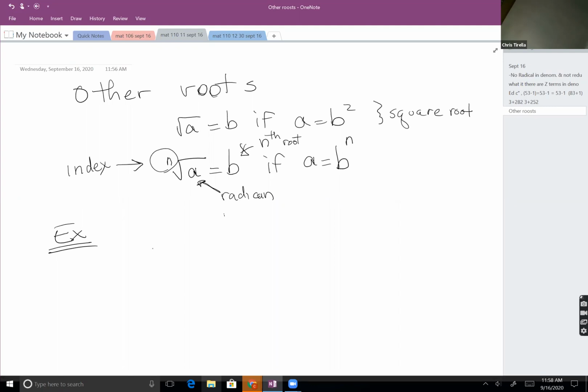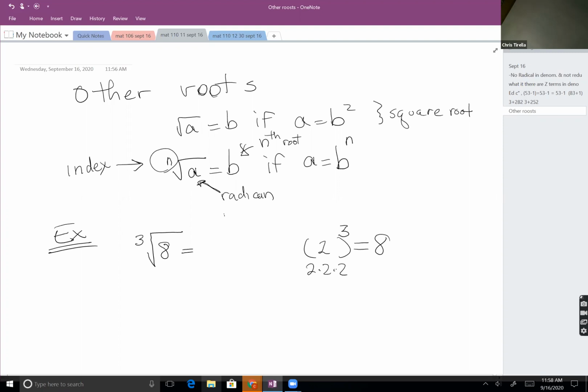If I want the cube root of 8, I apologize, I misspoke. I'm saying what number can I multiply by itself 3 times to get 8? What number times itself 3 times is 8? 2. 2 times 2 is 4, times 2 is 8.